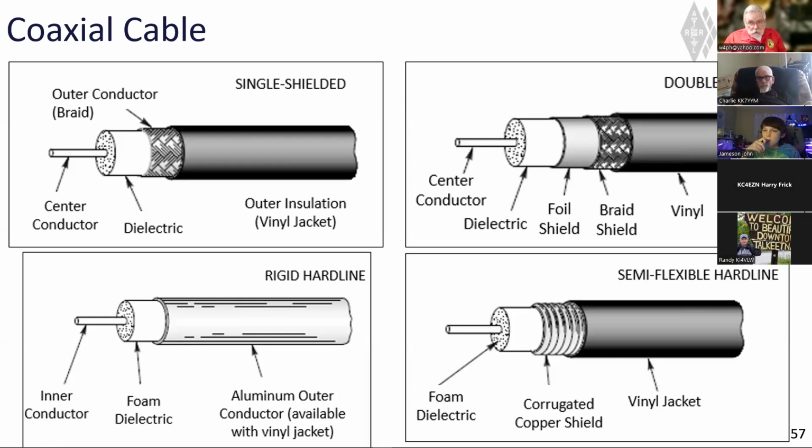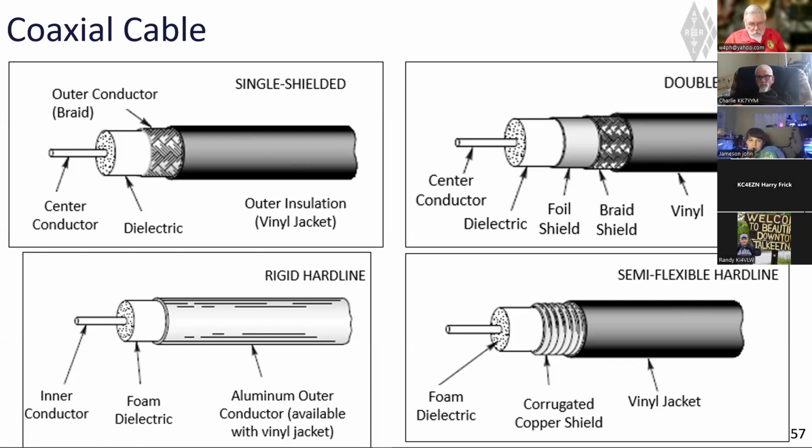So the single shielded has a single braid around your dielectric. A double shielded will quite often have a full wrap around there with a braided shield. Vinyl is usually your jacket. And the first we were looking at is the single shielded, then the double shielded.